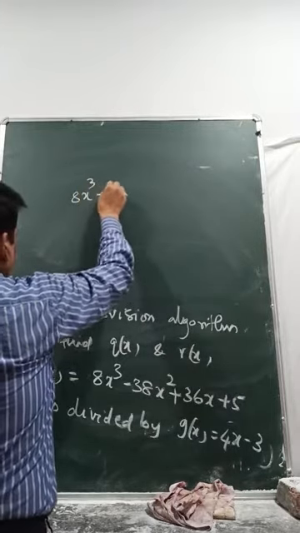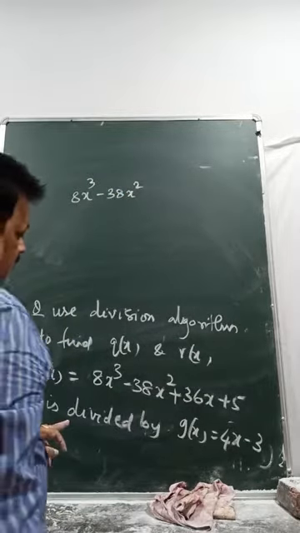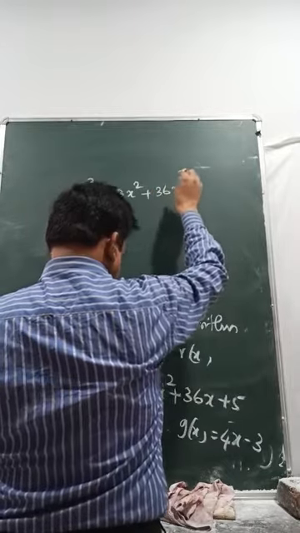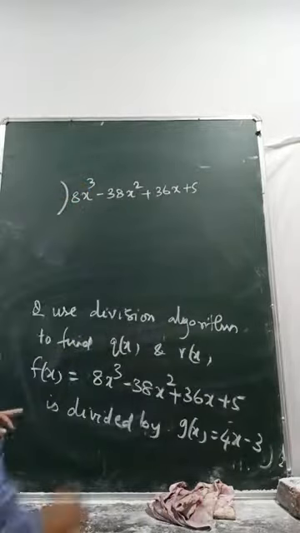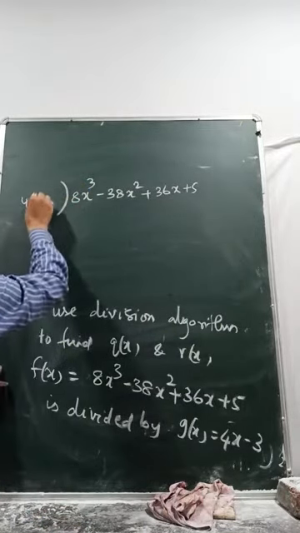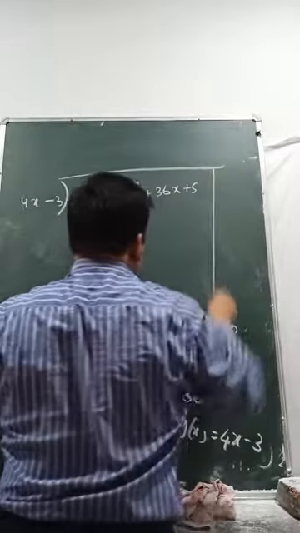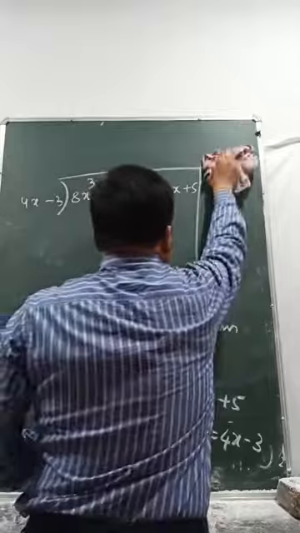Look here: 8x cube minus 38x square plus 36x plus 5. You are dividing with 4x minus 3. Okay, the same technique I told you.